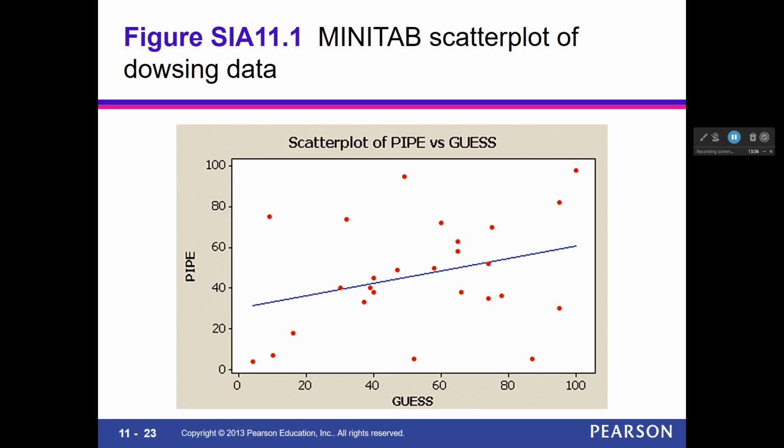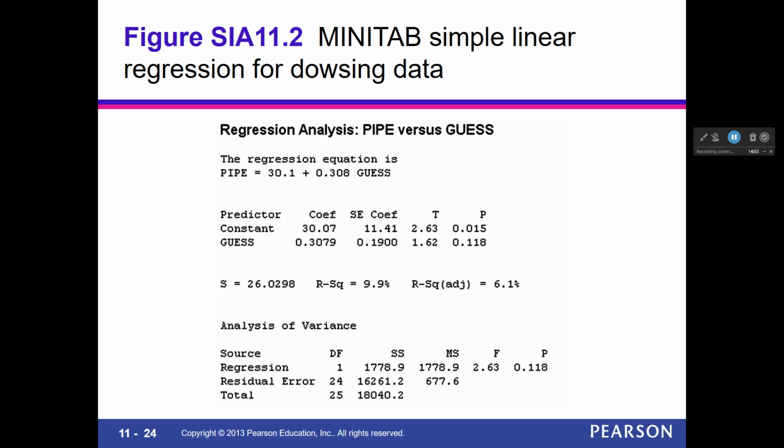They say that the dowser stick will point towards the pipe and it'll point down when you get to it. This is an indication that these dowsers aren't very accurate. This looks random to me. This is the difference between what the dowser says and where the pipe actually is.